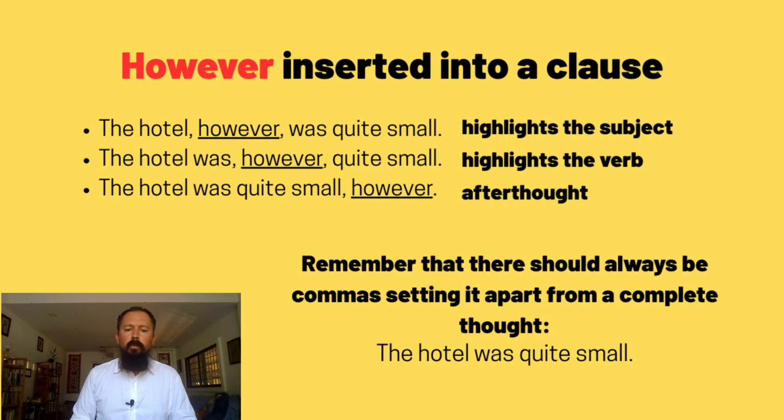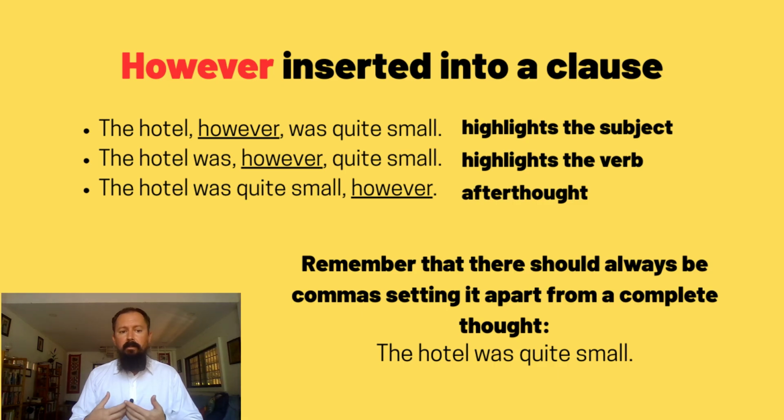If we look here, we can see the sentence, the hotel was quite small. But we can insert however into different places here. We could say the hotel, however, was quite small. In this case, you're making the reader think about the word hotel. We're putting some extra emphasis on this. In the second one, the hotel was, however, quite small.